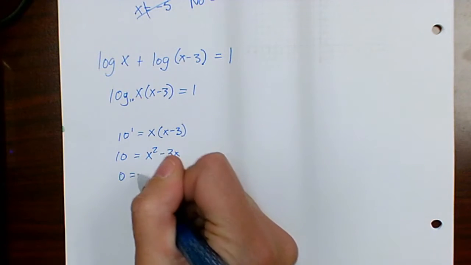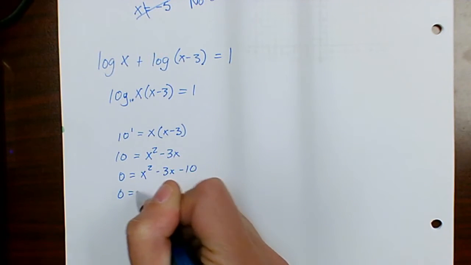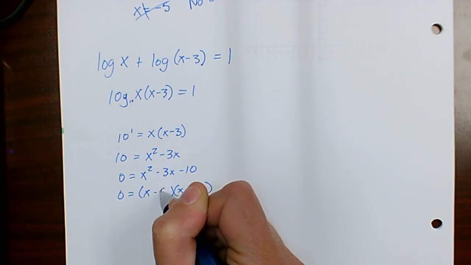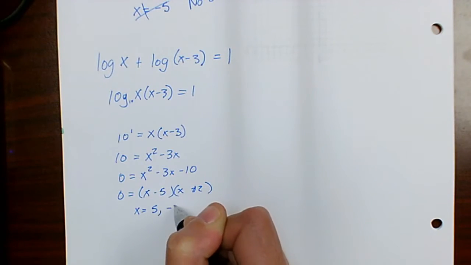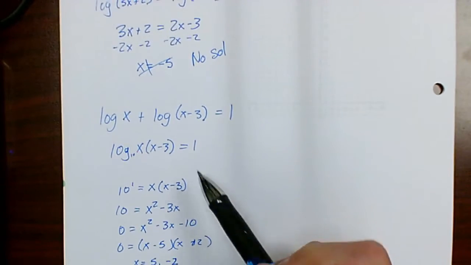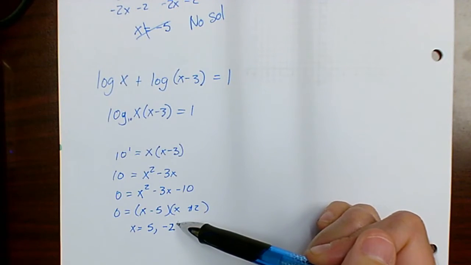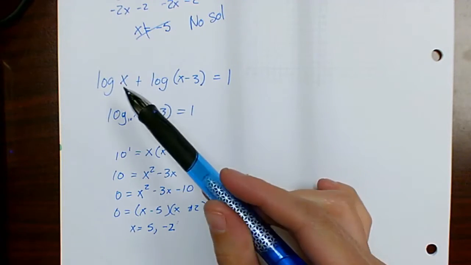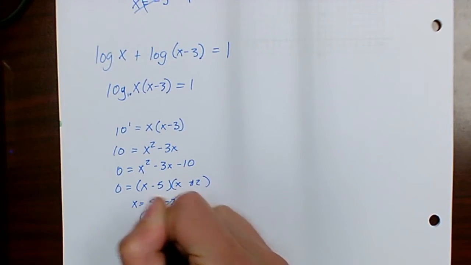Quadratic, so we have to make sure everything is on one side, and then we are going to factor: -5 and 2, so x equals 5 and -2. Now we need to go back up here. Right away, the -2 will not work, and the 5 will work, because we'll have a 2 here and a 5 here. So the only answer is 5.